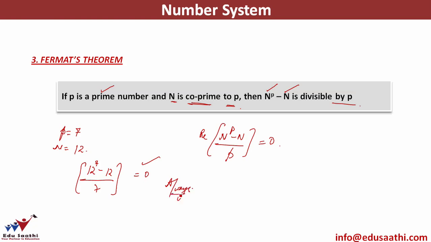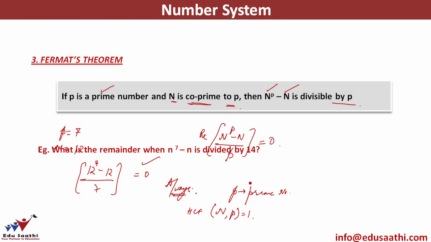The only thing that you have to take care of is that p is a prime number, and n and p should have an HCF of 1, or should be numbers which are co-prime to each other. So what is the question that we have? What is the remainder when n raised to power 7 minus n is divided by 7? Let me just do one thing. Let me just erase the thing that I have written on the slide.